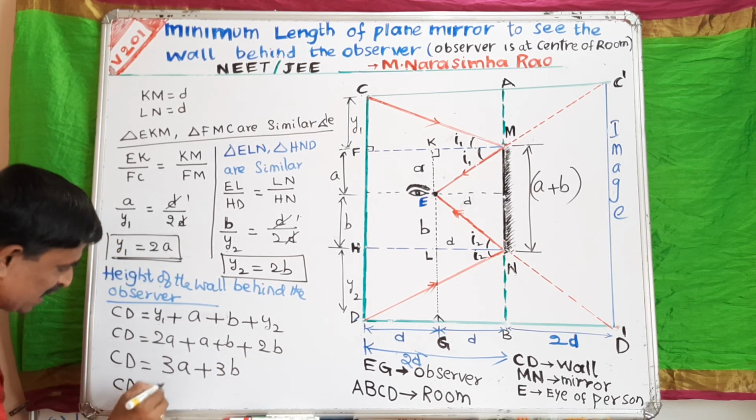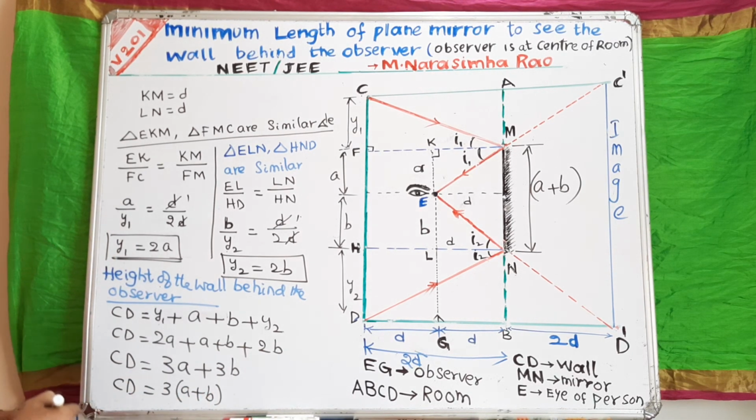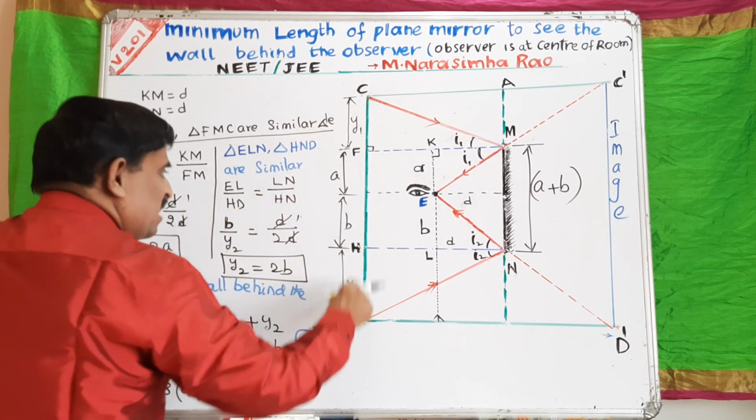CD is equal to 3 common, a plus b. CD represents the height of the wall.